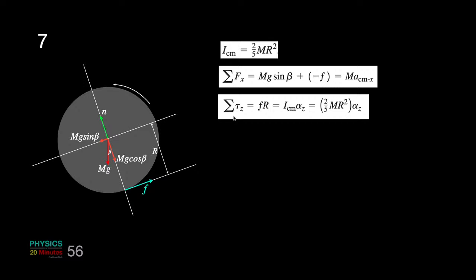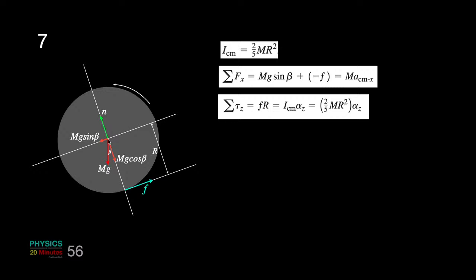This is my sigma tau equation. Remember, normal reaction is considered working at the center of mass, so there is no torque due to that. Mg is working at the center of mass, so no torque due to mg about the center.